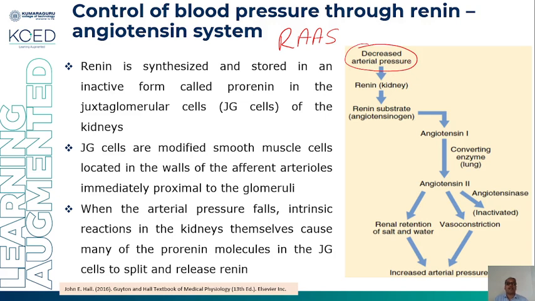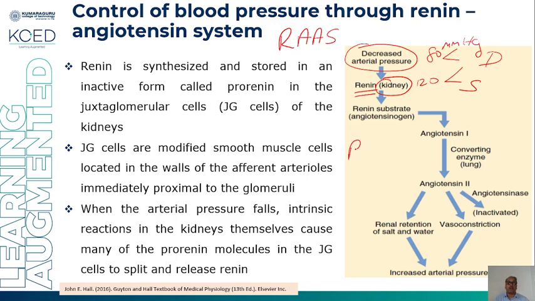When there is decreased arterial blood pressure, that means lesser than 80 mmHg, when pressure is lesser than 120 mmHg, this is systolic pressure and this is diastolic pressure, what happens? We are connecting one important organ, the kidney. It secretes one important bifunctional hormone enzyme, which is termed renin.